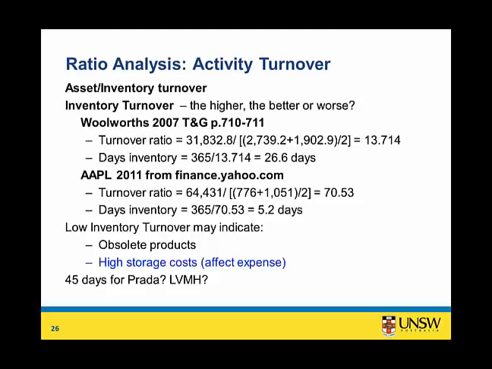So Prada and Louis Vuitton can still be quite profitable, even though it takes 45 days for their inventory to sell. They might sell one handbag, and the margin on that might be 5,000%, whereas Woolworths is turning over inventory quite rapidly but has a much lower margin.